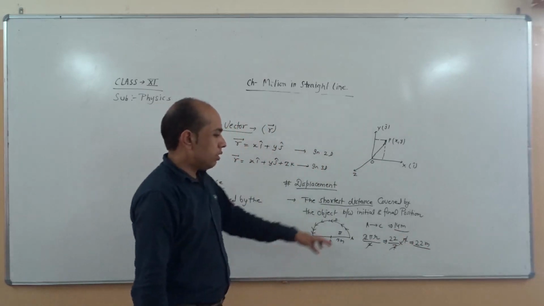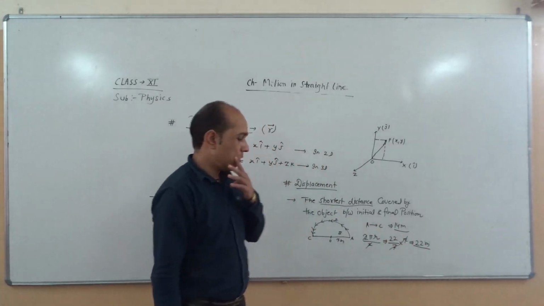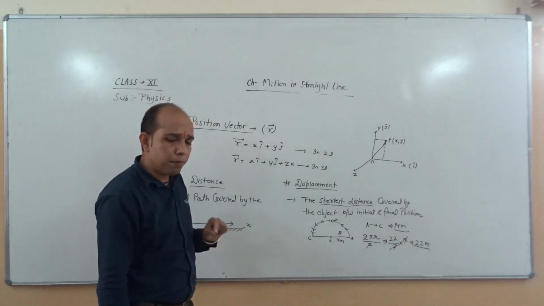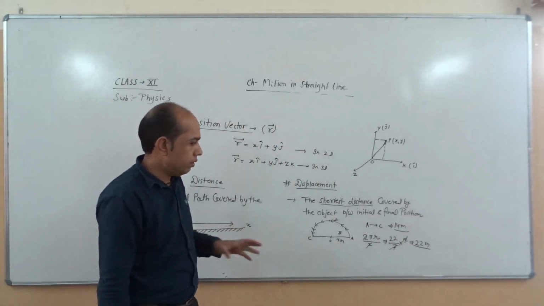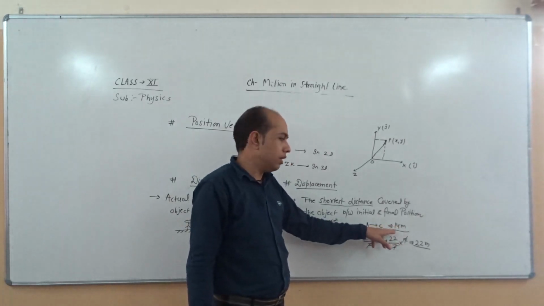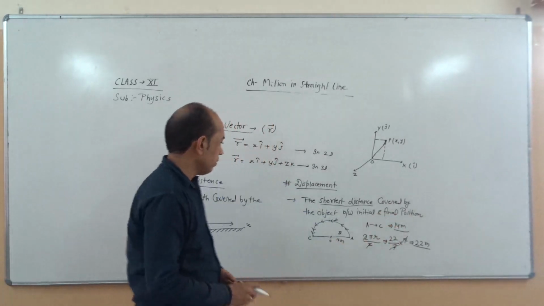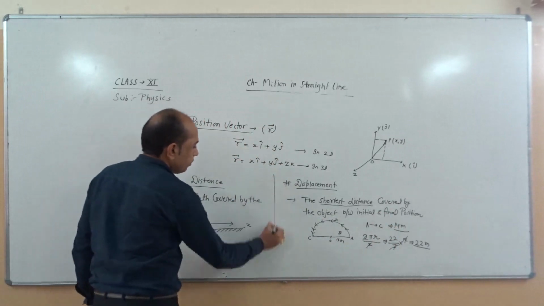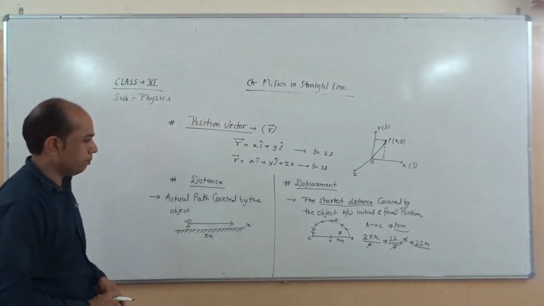So one more result we have to conclude from here. If we compare the distance and displacement, the distance is always greater than the displacement. So this is one of the differences between them.